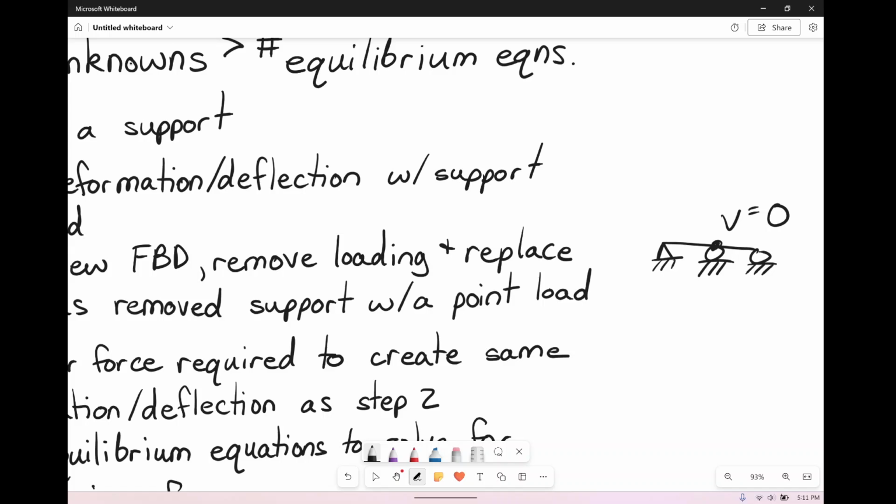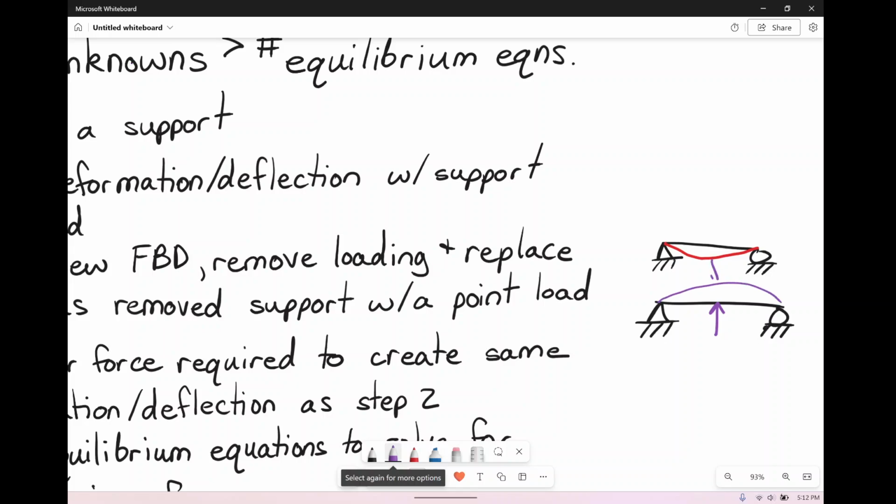That's what you did. So, effectively, you remove the support, you watch it deflect, and then you come back and you brace it at that spot, which the brace is simply a point load going in the opposite direction. And that point load has to create the same shape as you had before.